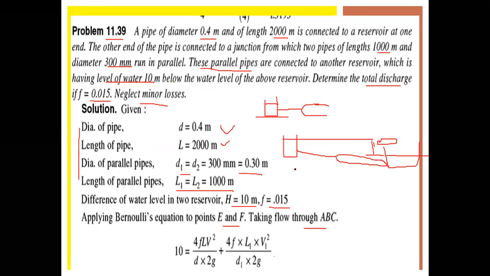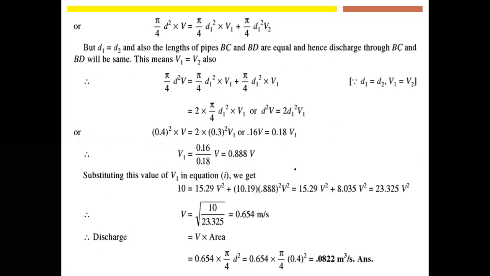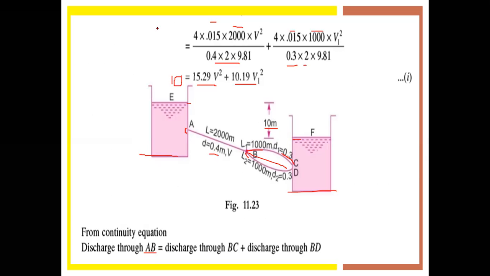Now you have to start making the same formula. Since it is discharge, discharge Q here, here also discharge Q, here also discharge Q. Three discharges. You can also put Q is equal to Q1 plus Q2. Q is equal to Q1 plus Q2.